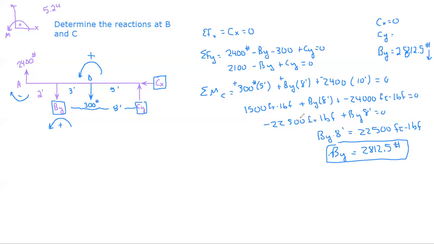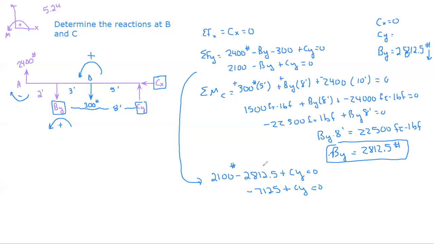All right, we can use the summation of the forces in the Y direction equation, which we will just bring down here. 2,100 minus 2,812.5 plus Cy is equal to 0. Combine those terms, they're alike. You get negative 712.5 plus Cy is equal to 0.